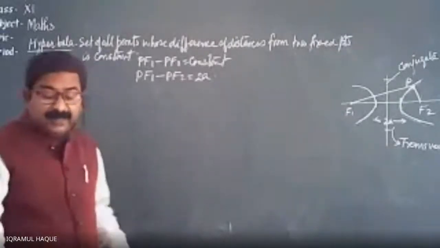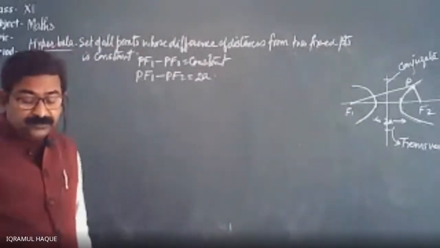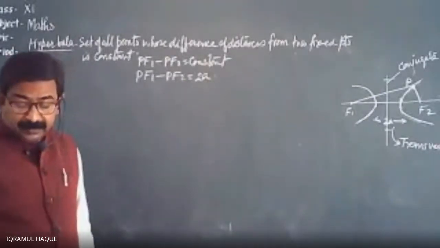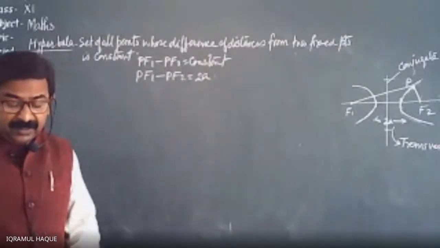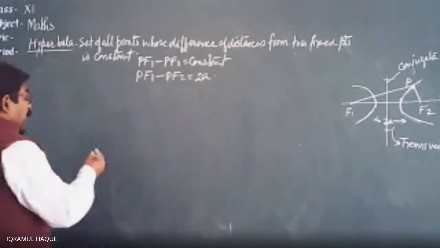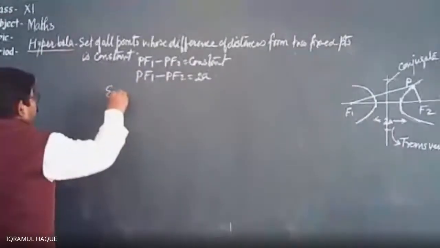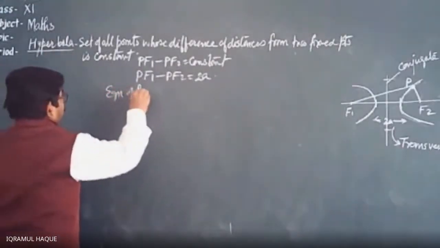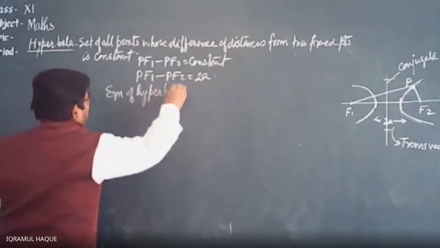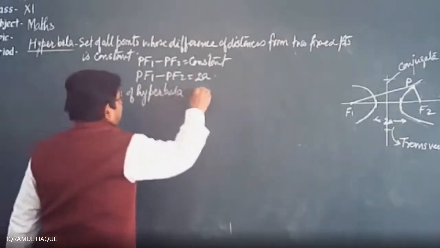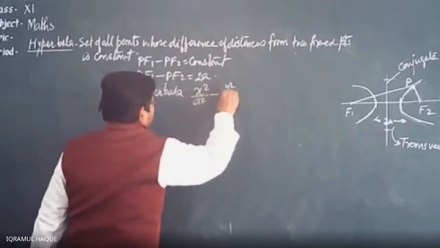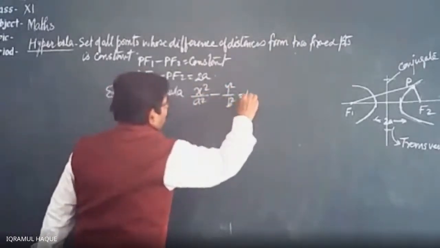We have to see the equation of hyperbola. Equation of hyperbola, latus rectum, all things are same. See, I am writing the equation of hyperbola: x square upon a square minus y square upon b square is equal to 1.